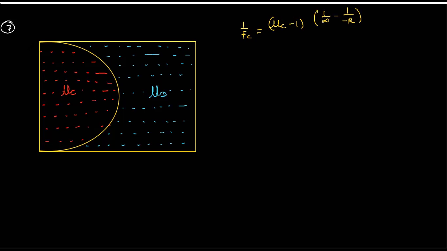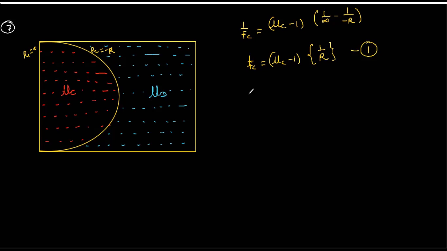Because for this R1 is equal to infinity, and here R2 is equal to minus R. Okay, so therefore here 1 by Fc is going to be (mu c minus 1) into 1 by R. Call this equation number 1.